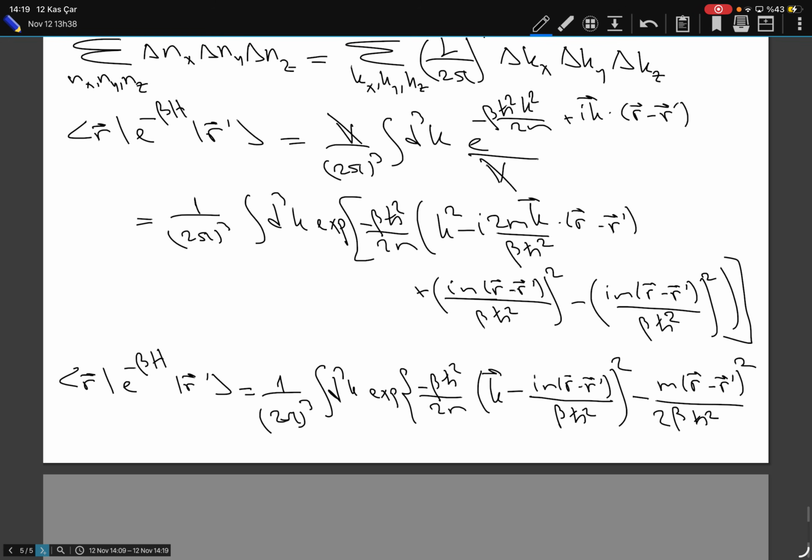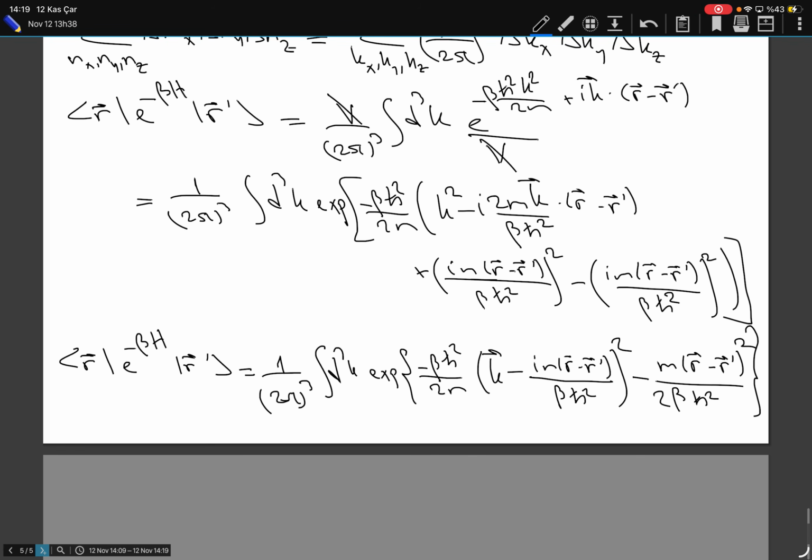Now the k integral is just three Gaussians. If you like, you can just shift k by i m (r minus r prime) over beta h bar squared. It just becomes a symmetric Gaussian in that case.